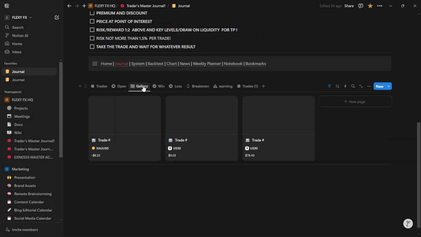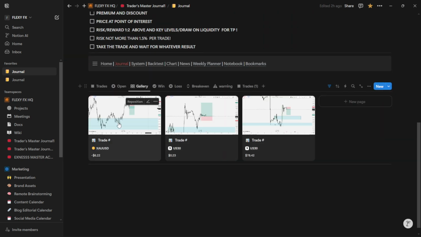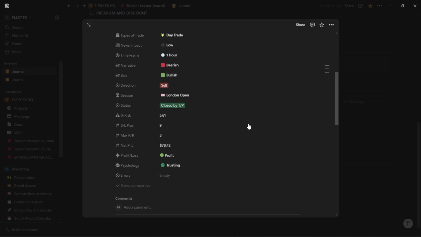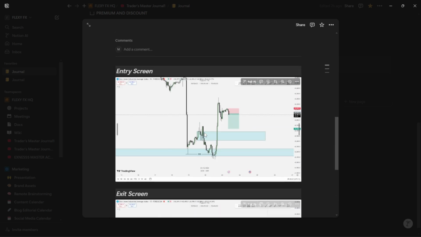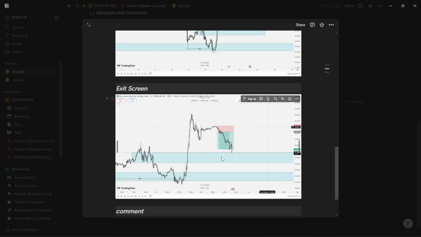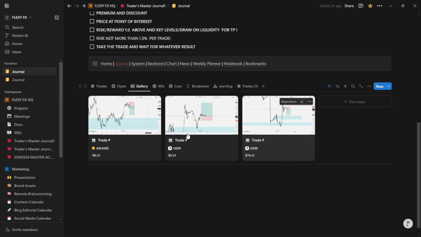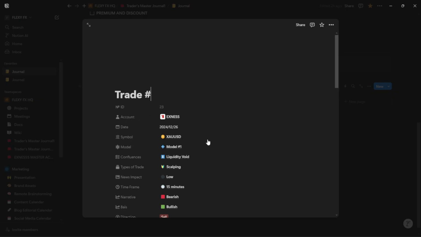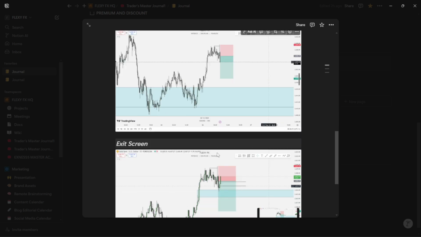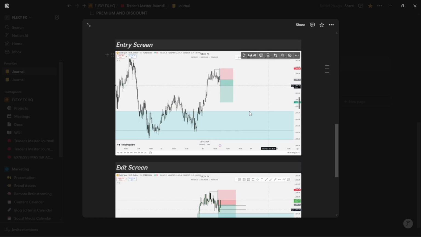Now let's go. You can see I traded gold, and these 2 are US30. This one is just a counter trade. When I made that video, I had to counter trade to my point of interest, and then boom, straight to TP. This is 1:3. And then this gold I took this morning, I had to close at a loss.